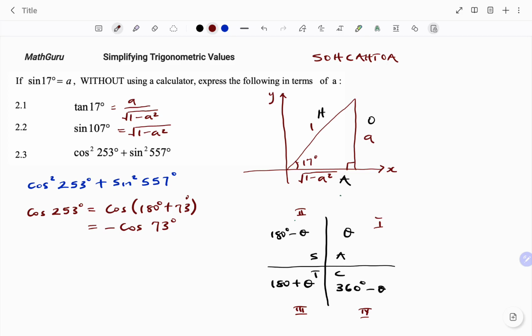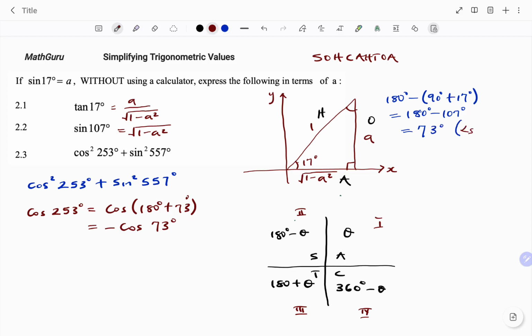If I go back to my right angle triangle, I have the angle 17 degrees and 90 degrees. The sum of angles in a triangle adds up to 180. So to find my last angle, that will be 180 degrees minus 90 degrees plus 17 degrees, which is 180 minus 107 degrees, equal to 73 degrees.